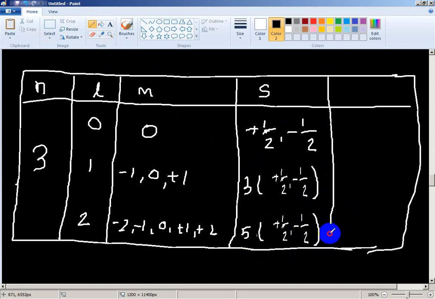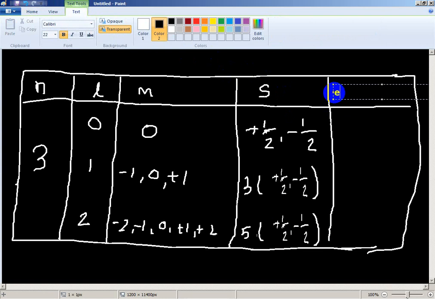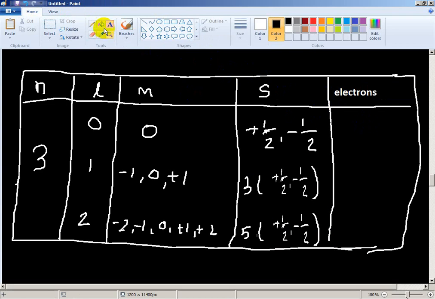Here are 2 electrons, here 6 electrons, here 10 electrons.